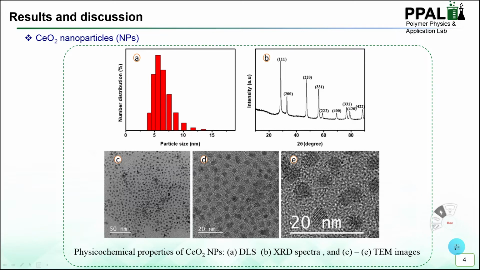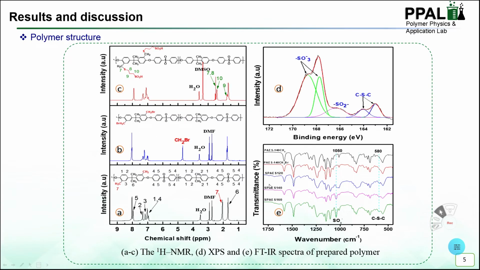And the next slide shows the NMR, FTIR, and XPS spectra. From all those results, we can confirm I successfully synthesized the SBAES polymer with the sulfonic acid group at the binding site.